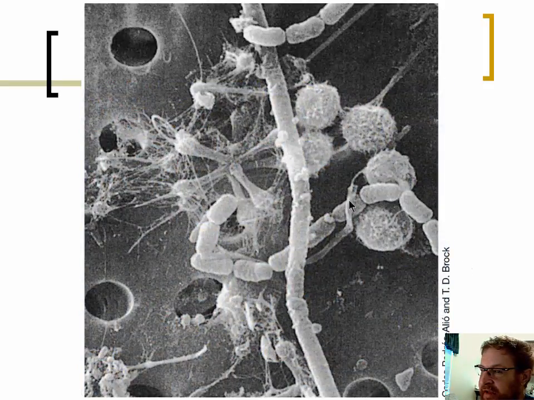Here's another picture of something like that. This filter has very small holes that prevent the bacteria from passing through it. Okay, so you have to pick a filter that has the appropriate size holes in it so that the liquid will pass through it, but the microbes will be trapped on the outside of the filter.